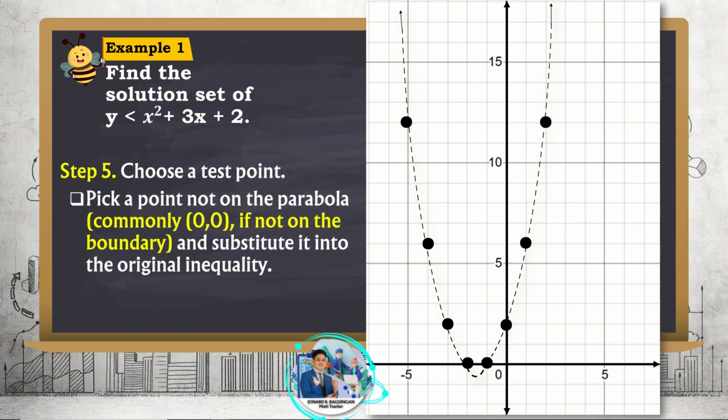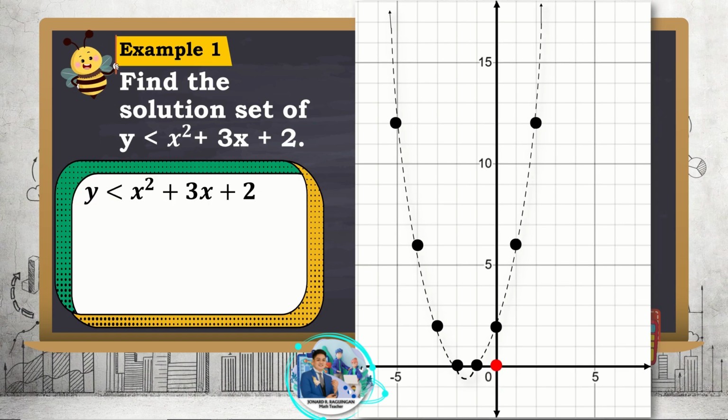Step 5. Choose a test point. Pick a point not on the parabola, commonly 0, 0, if not on the boundary, and substitute it into the original inequality. Consider this point whose coordinates are 0, 0.